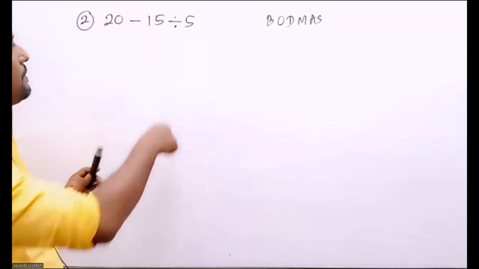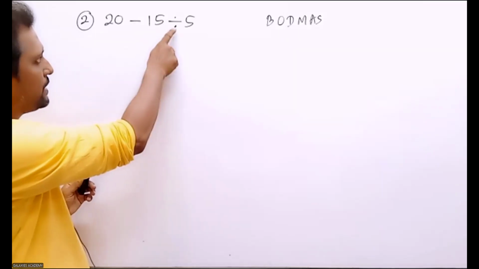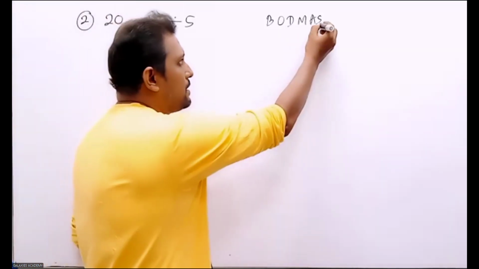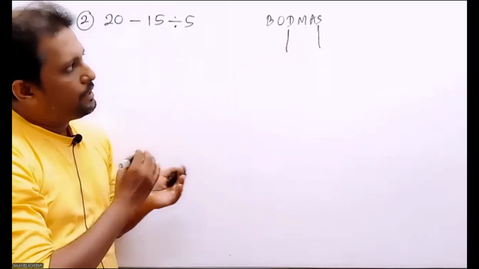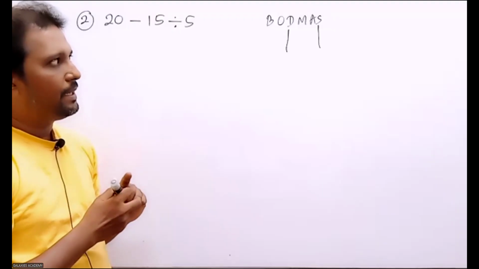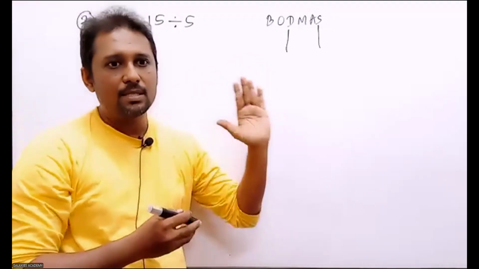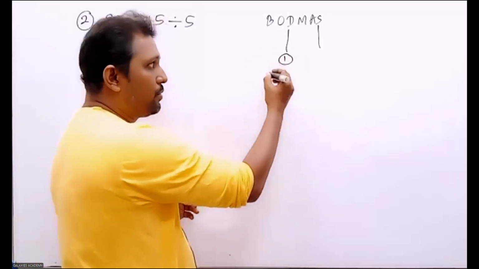Now look at what mathematical operations are given in this expression: subtraction and division. This is the subtraction, this is the division. Then check which operation comes first according to the BODMAS rule. It is division, so first you have to do the division.